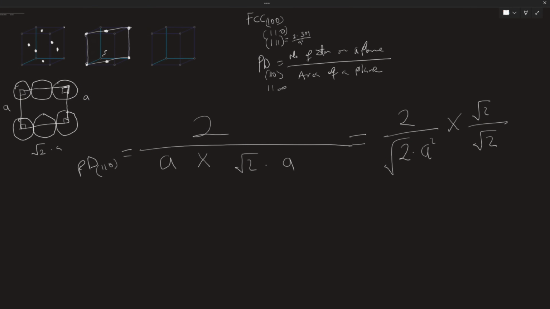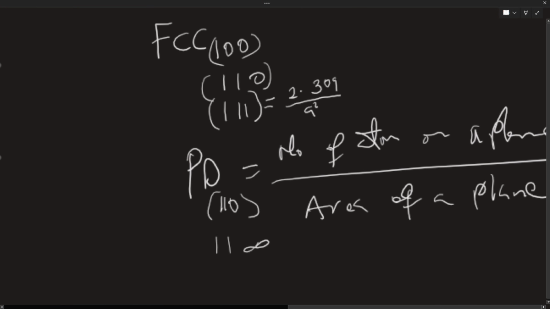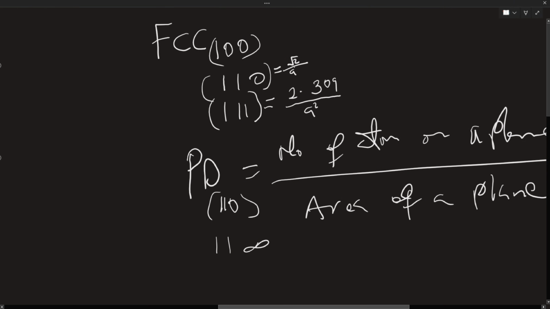When we punch into our calculator, root 2 times root 2 gives us 2. So we have 2 root 2 over 2 a square. So 2 cancels 2. Therefore, our planar density for 110 is equal to root 2 over a square.